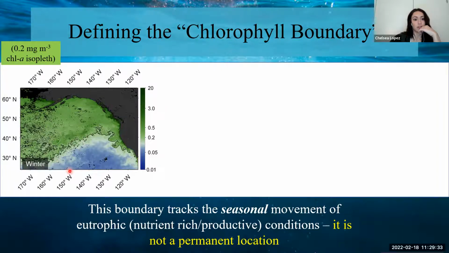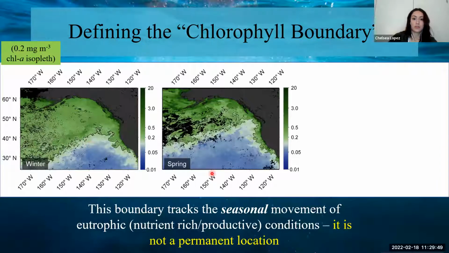And so here, 150 degrees west, this is where our transect is. It's kind of hard to tell, I'll point it out in another image, but it's somewhere around here. And that lines up where the Northern Subtropical Front is. So that makes sense with our hypothesis. And then here in spring, you have it moving back. Your seasonal shoaling of the mixed layer pushes that boundary back.